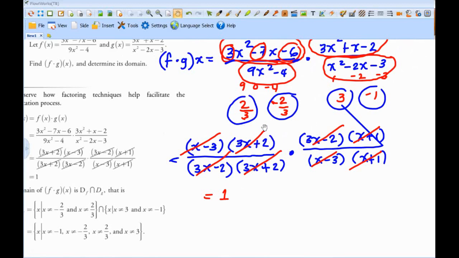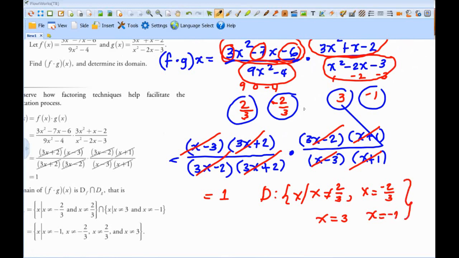It cannot be 2/3. The domain is x such that x cannot be 2/3. X cannot be negative 2/3. X cannot be 3. And x cannot be negative 1. All of these are the values that you cannot substitute for x.